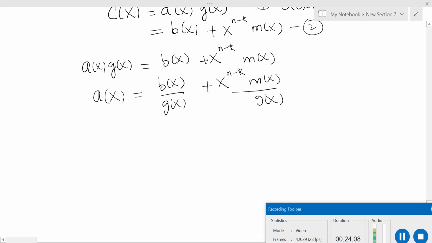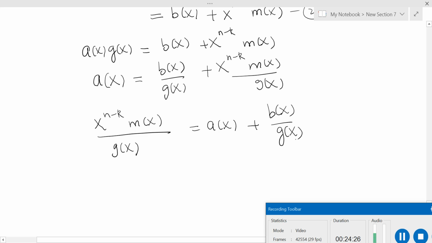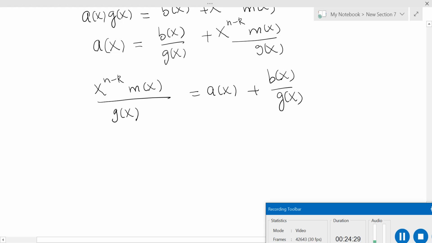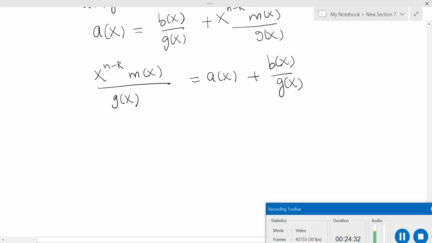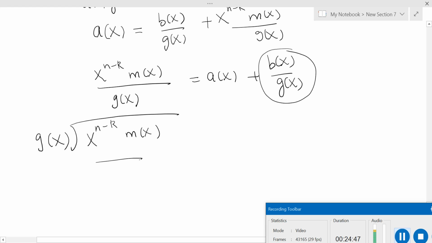Since we are doing modulo 2 operation, XOR, plus and minus are the same here, so I can shift x to the power n minus k m of x by g of x here and write it as equal to a of x plus b of x by g of x. Now what does it mean? It means that if you divide x to the power n minus k m of x by g of x, then b of x will be the remainder of it.